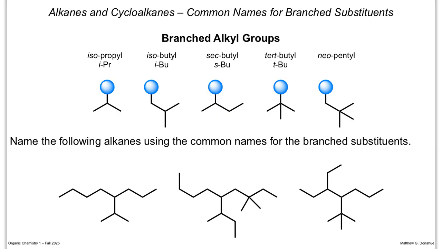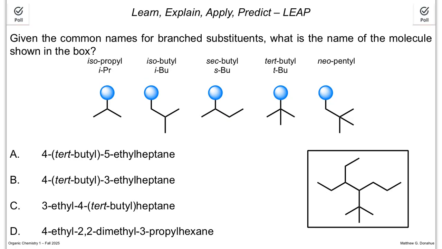So here are some more examples where now we're finding the longest chain, but the substituent has a branching point. So we'll go through one of these to determine the name, and then there's a couple more examples you can do on your own as practice. So with this one in particular, what is the IUPAC name?